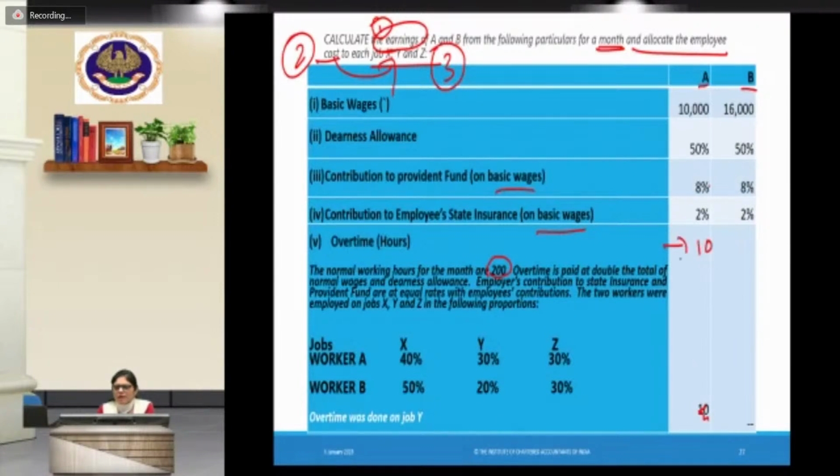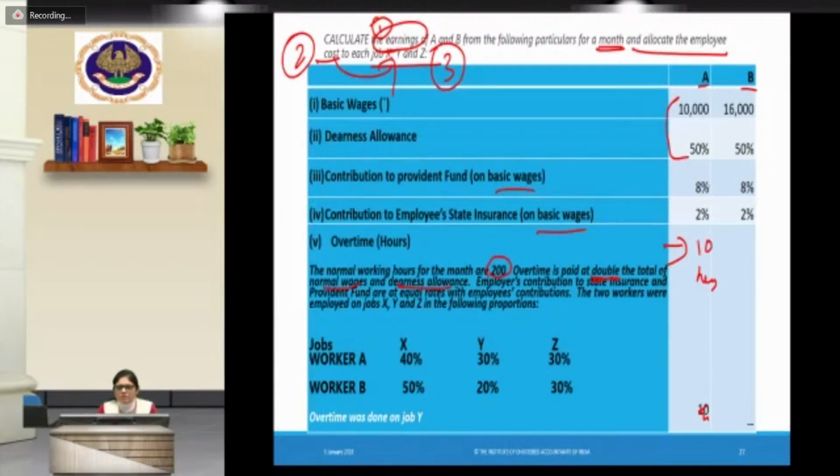Overtime hours are 10 hours. Normal working hours for the month are 200. Overtime is paid at double the total of normal wages and DNS allowance. So overtime is paid on these two parameters of the salary.